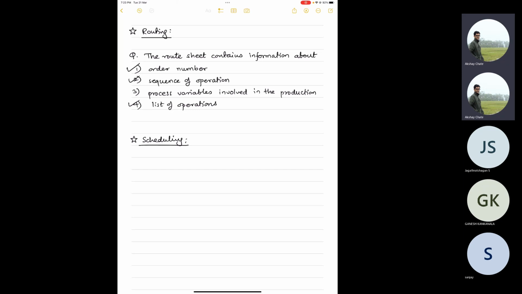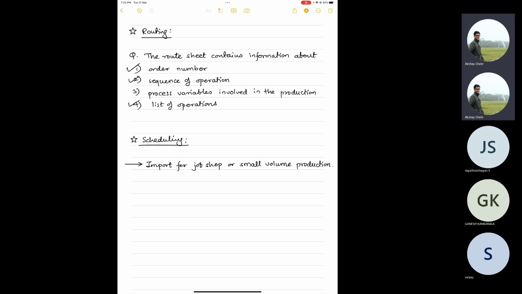But before going there, scheduling is important for job shop or small volume productions. This is an important thing.